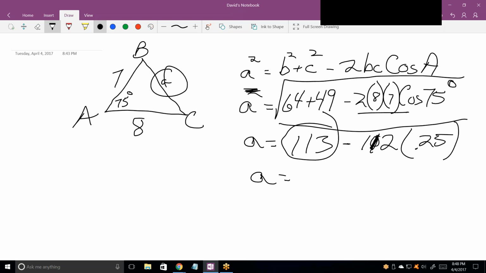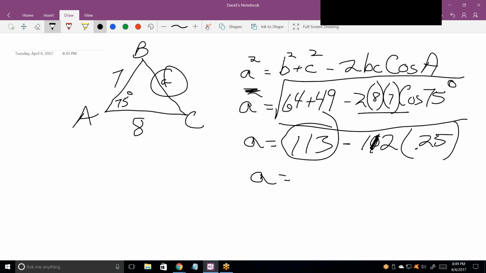Something's wrong. Hold it. 84. That doesn't sound right. Now, hold on. A squared equals B squared plus C squared minus 2BC cosine of A. So that's 64 plus 49 minus 2 times 8 times 7 times cosine of 75, which is 0.258.